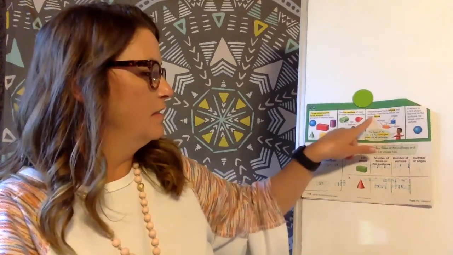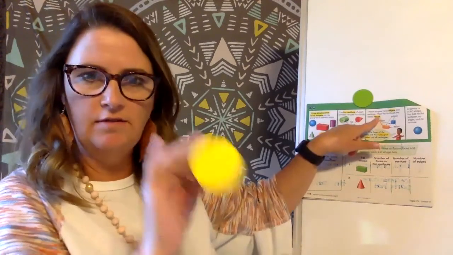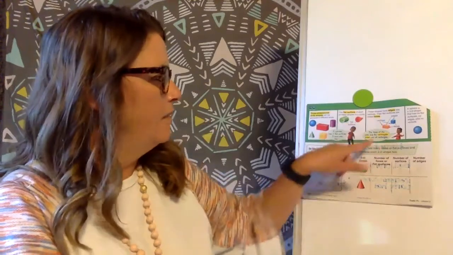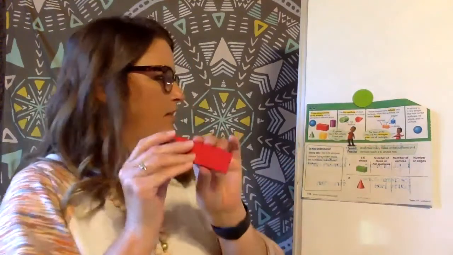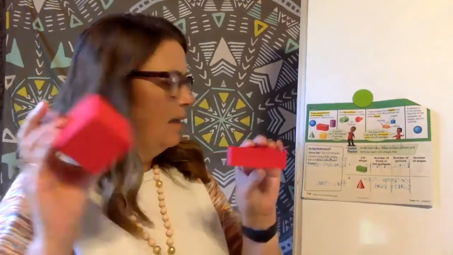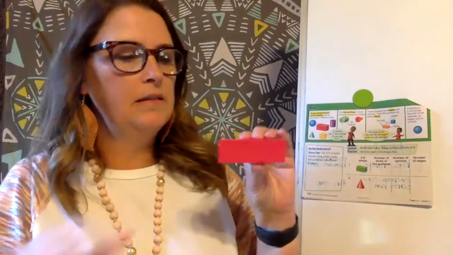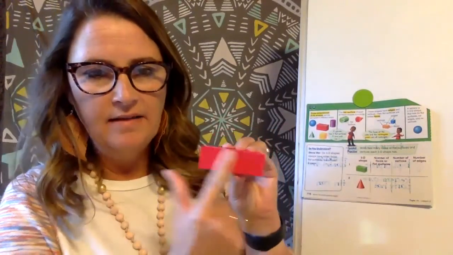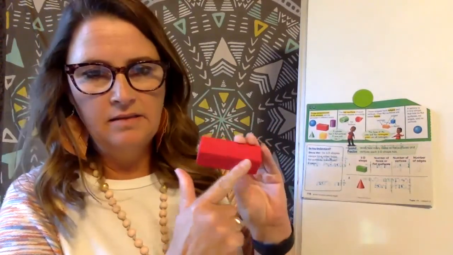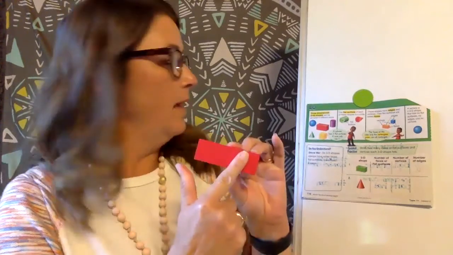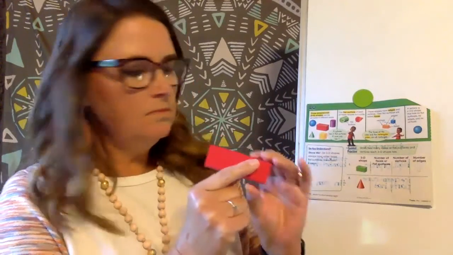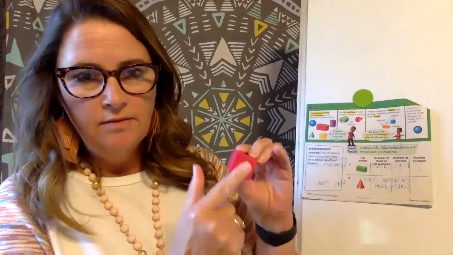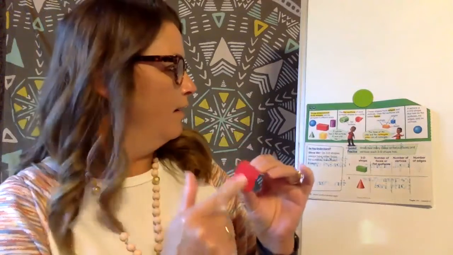Their flat surfaces are called faces, and I just shared that with you when we were talking about these. Okay, so if I look at my rectangular prism and my cube, each of these flat rectangular sides are faces. Okay, the square sides are faces.